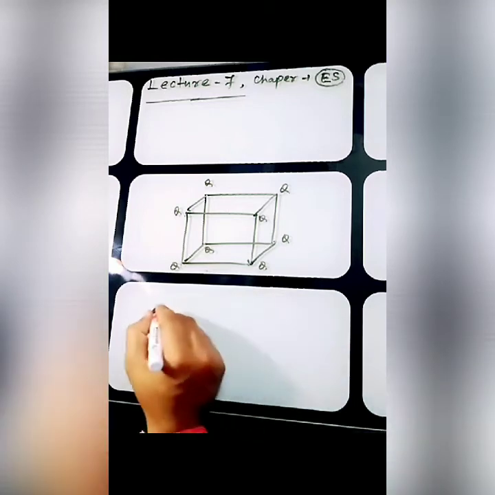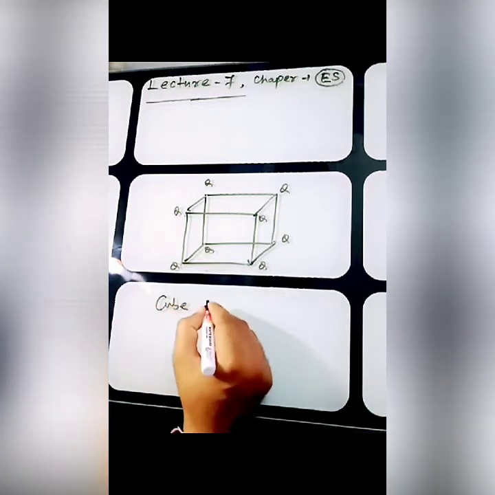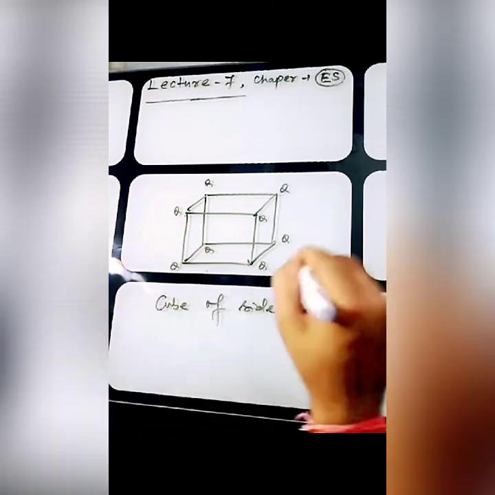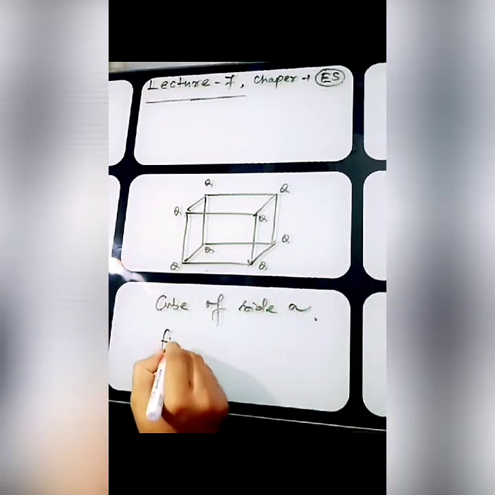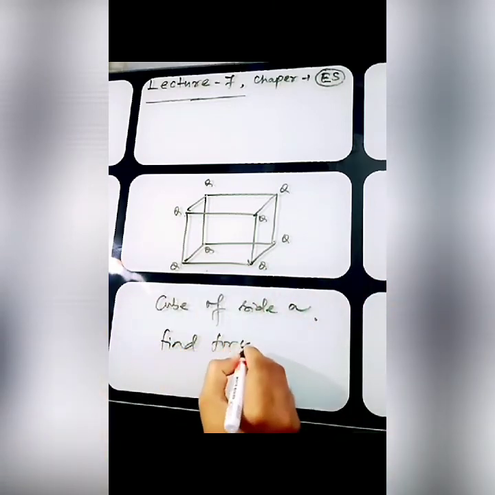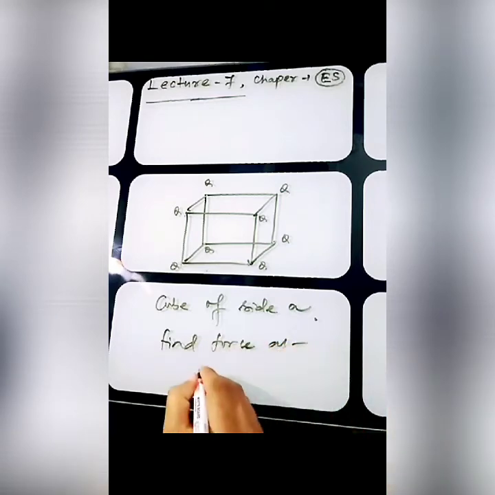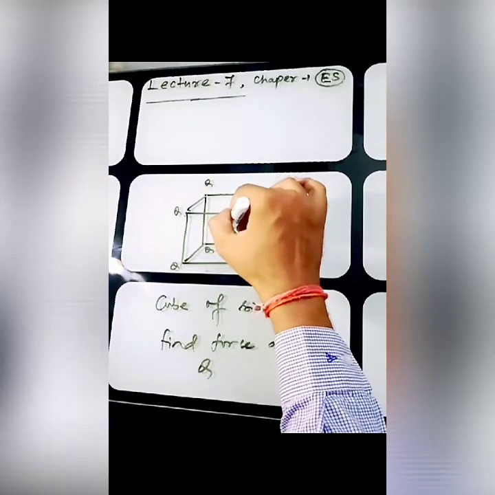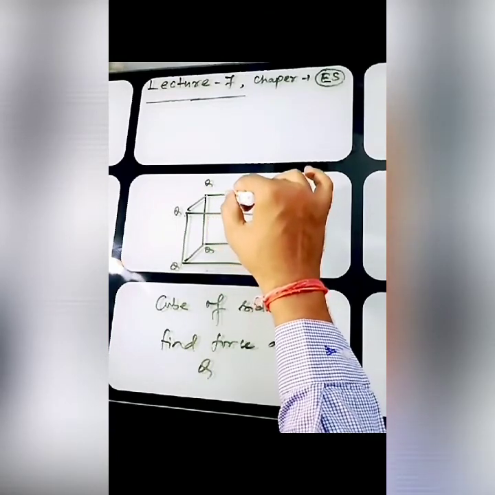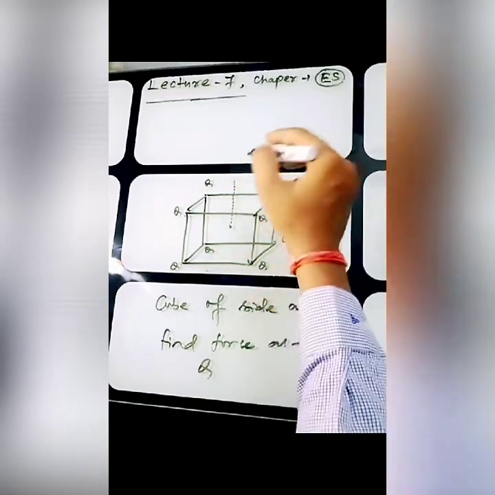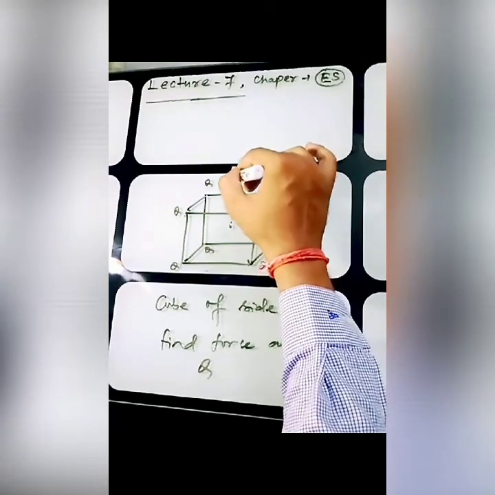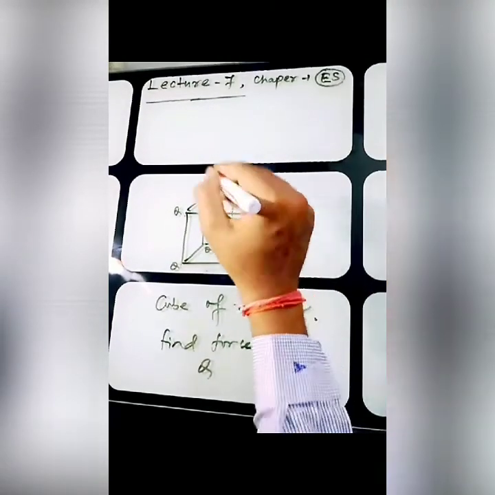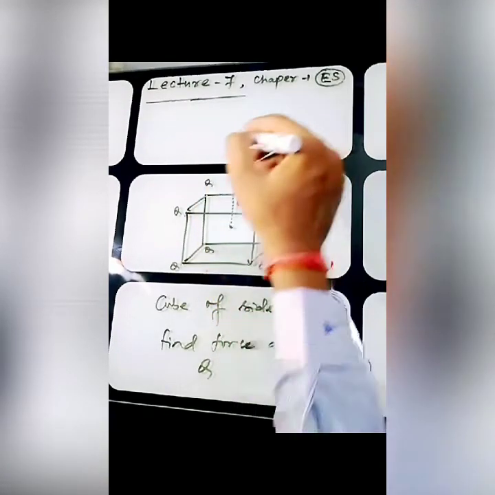This is the cube of side A, and you have to find the force at capital Q, which is placed at a distance from the center of the cube.